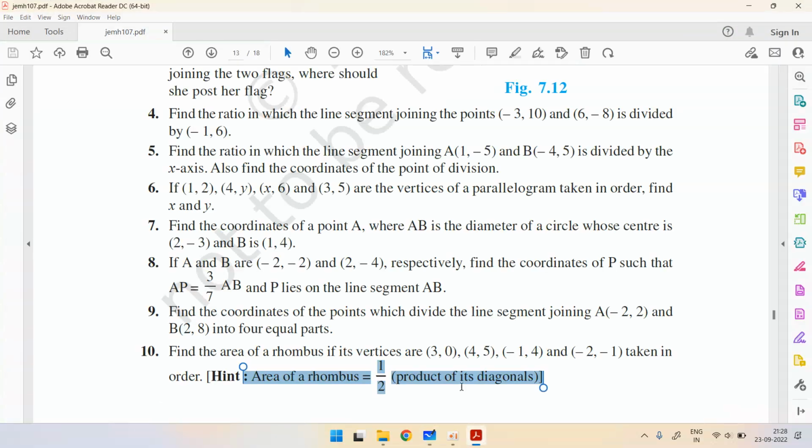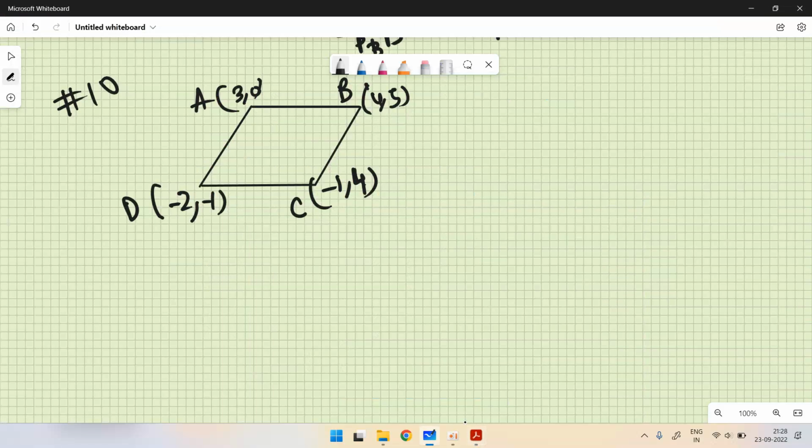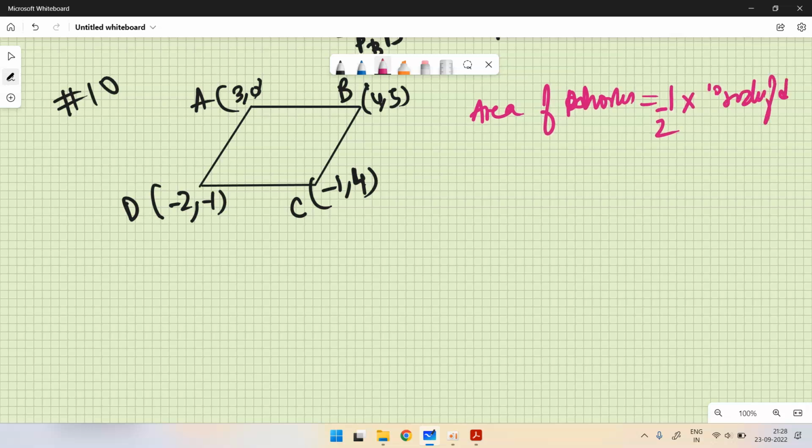In this question you have not been given how to find the area. You already know, and the hint is given, that the area of a rhombus is nothing but half into the product of the diagonals. So what is the product of the diagonals? You need to find the length of each diagonal and then do the product.